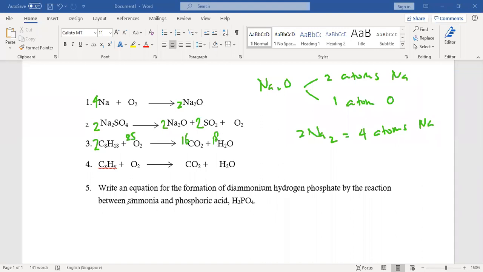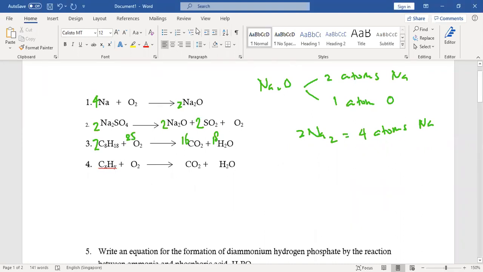All right, next, it's a bit mathematical, algebraic, when we do number 4. So what we need to do in number 4, we have xC on the left hand side, because on the right hand side we have 1C, so we may assume that this is x.